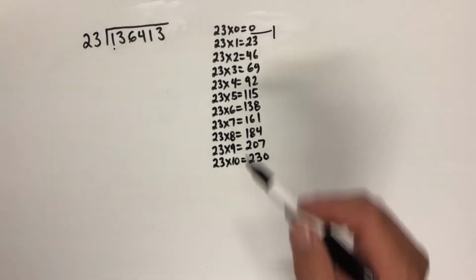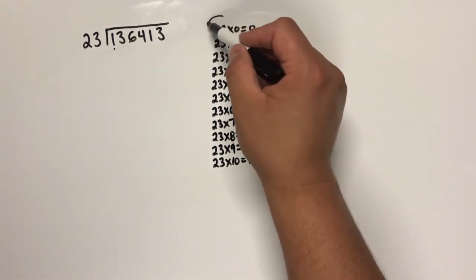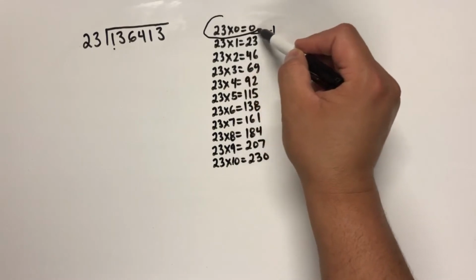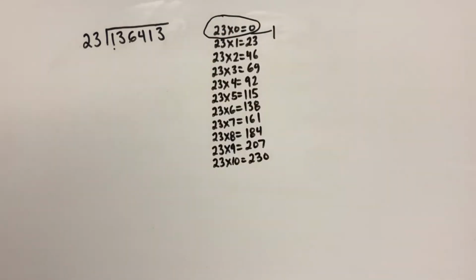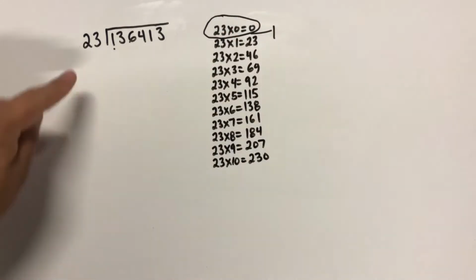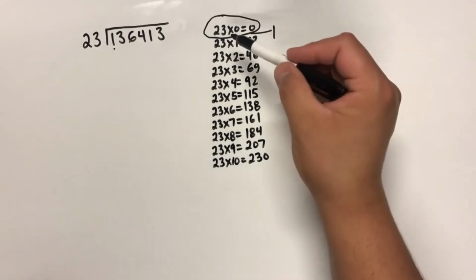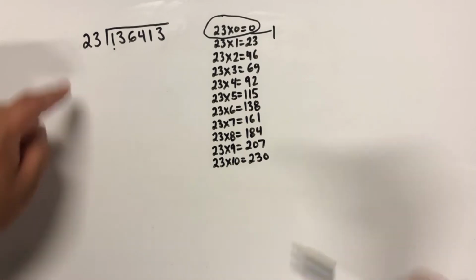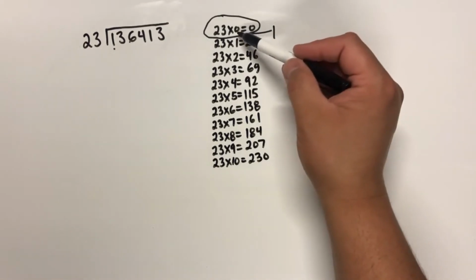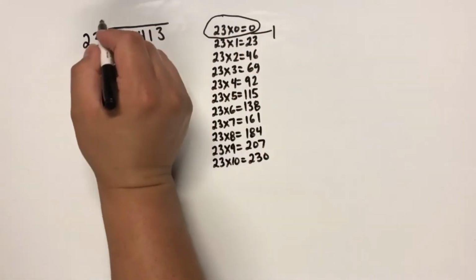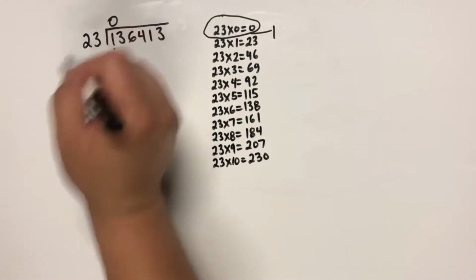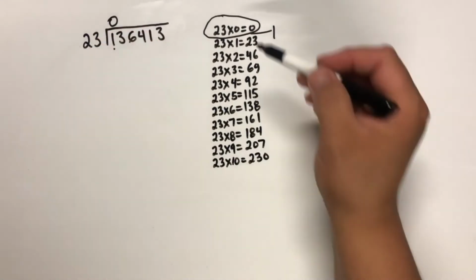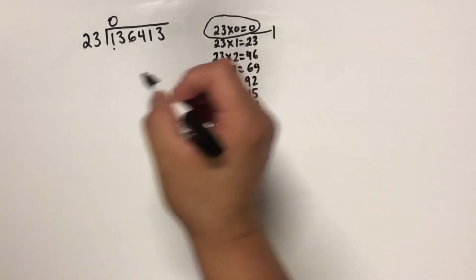So I'm going to choose the entire expression, 23 times 0 equals 0. And I'm going to play with those numbers over here. That 23 right there is this 23 right here. That 0 right there goes on top of the number 1, and that 0 right there goes underneath the number 1.